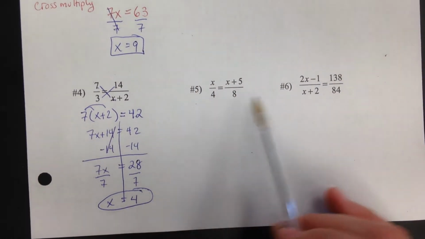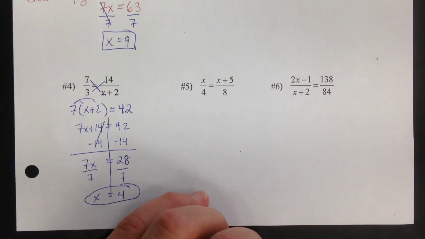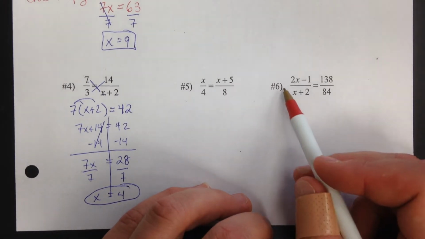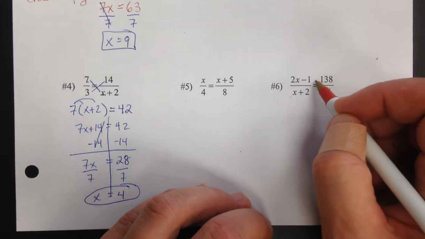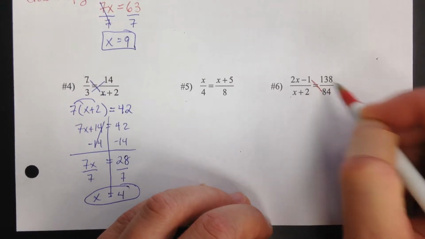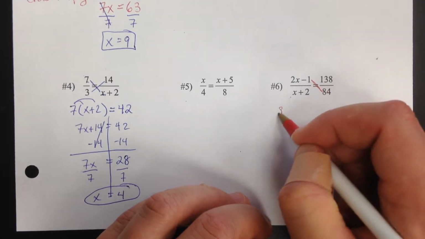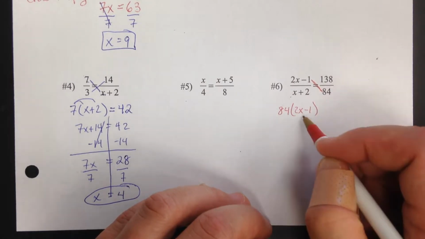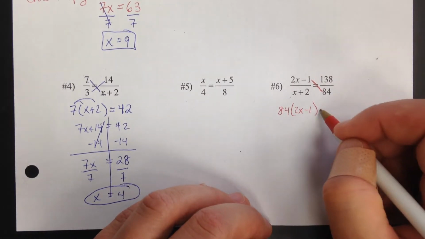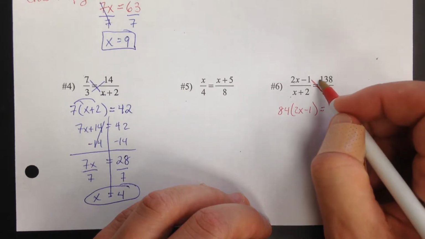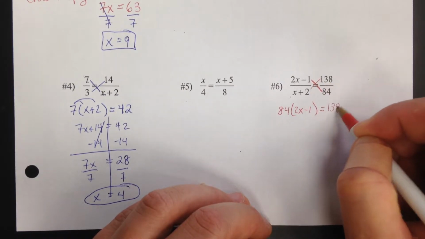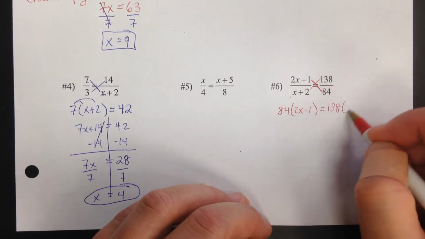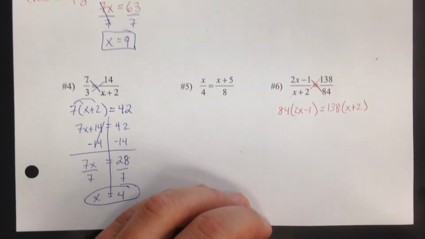Let's skip over 5 and let's take number 6 here. I'm going to cross multiply, so 84 will multiply all of this. 2x minus 1, I'll put that in parentheses first, equals, and then 138 will multiply not just x, but x plus 2.